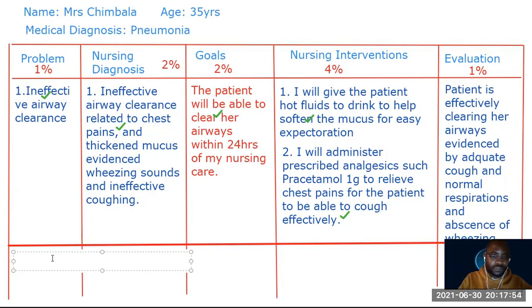Then you write about a different problem, for example anxiety. Then you write everything down along this row again in each column. So that's how you write it down.